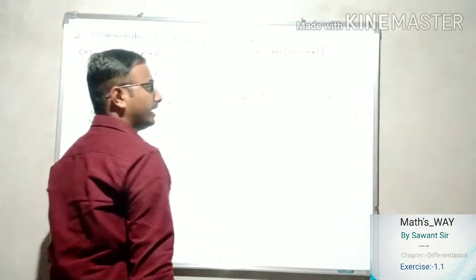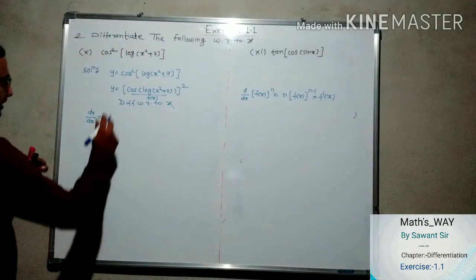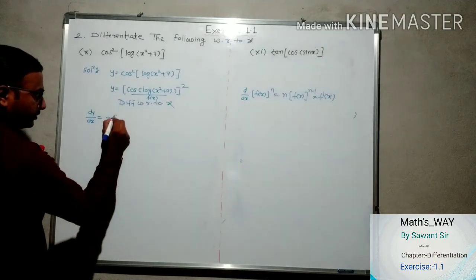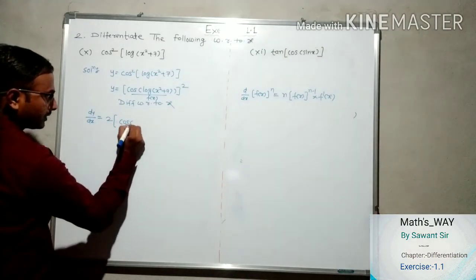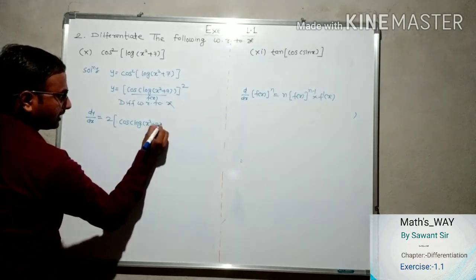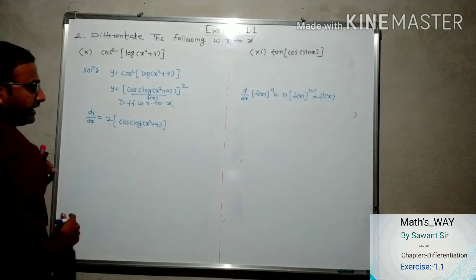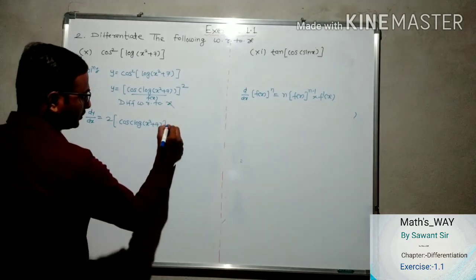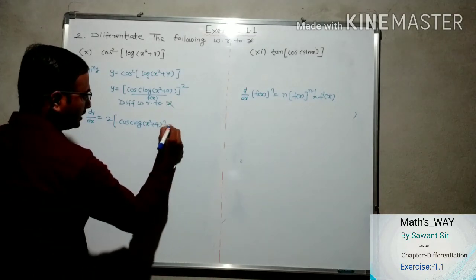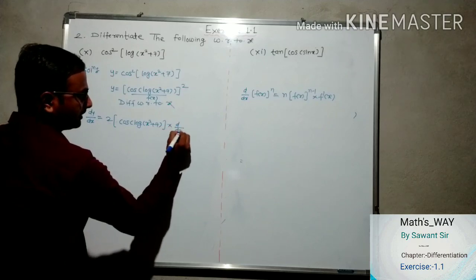So that is 2 into cos of log of x square plus 7, to the power 2 minus 1 is 1, into the derivative f dash of x.